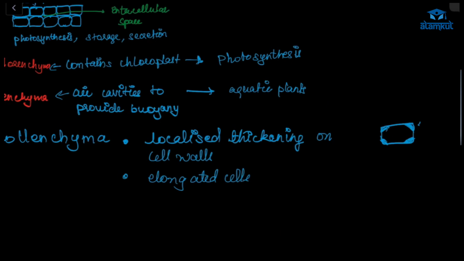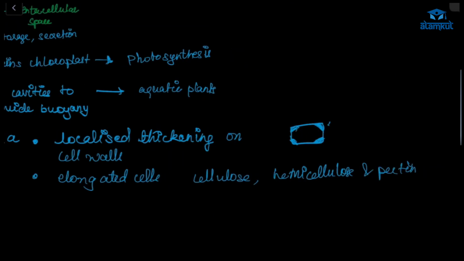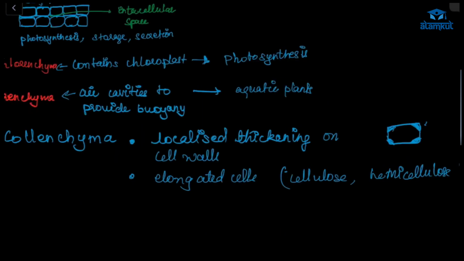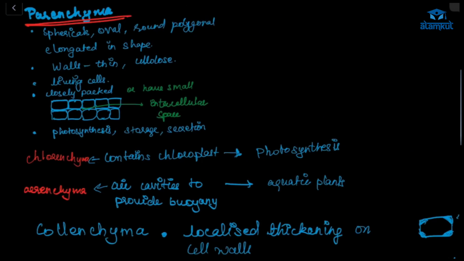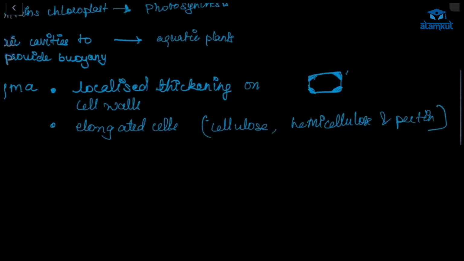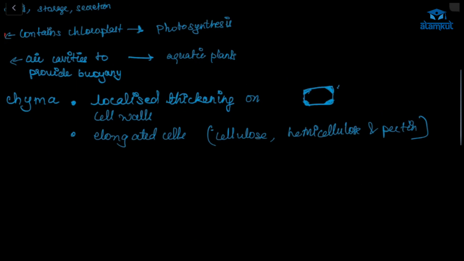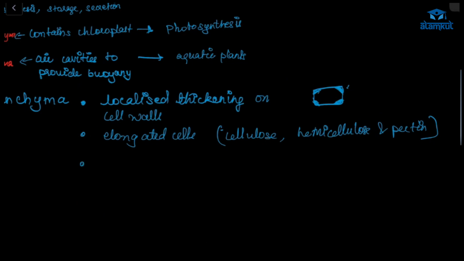The walls contain cellulose, hemicellulose, and pectin, which are polymers. In parenchyma it was only cellulose. Here the intercellular space will be absent.